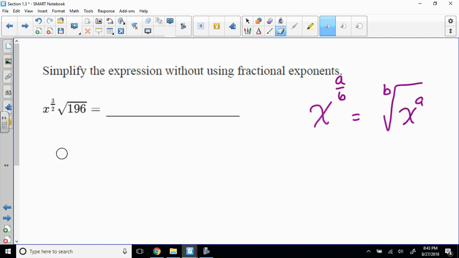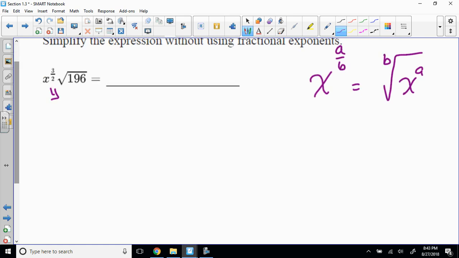Okay, so first things first, let's rewrite this. Because if you don't rewrite it, guess what's going to happen? Not much. Okay? So this is really this. Does that make you feel a little bit better? And I put the 2 there so that you could see it.